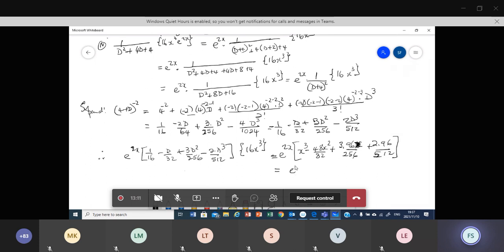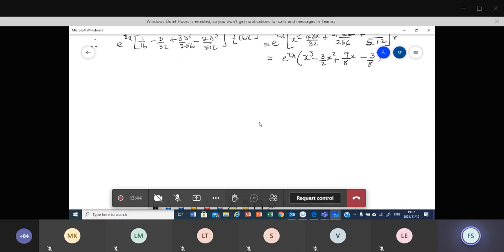Your answer is x cubed minus 3 over 2 x squared plus 9 over 8 x, and lastly minus 3 over 8 when you simplify. That is all Theorem 2 says: d is replaced by d plus a or minus a. Let's move on to Theorem 3.